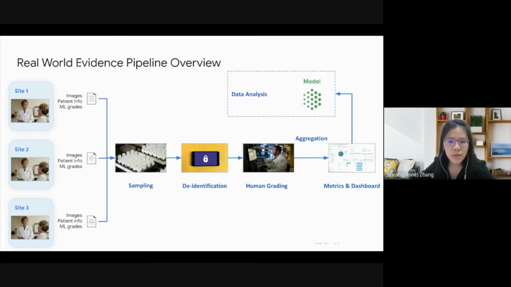Once humans finish grading, we aggregate the ML grades together with human grades and case information. Based on the aggregated data, we surface this information to a dashboard and break it down into multiple dimensions. ML engineers from Lou's team will then analyze the data and assess if we need to do model retraining.